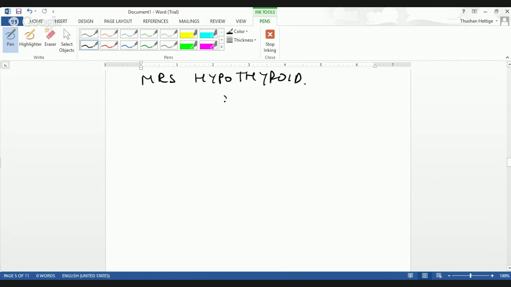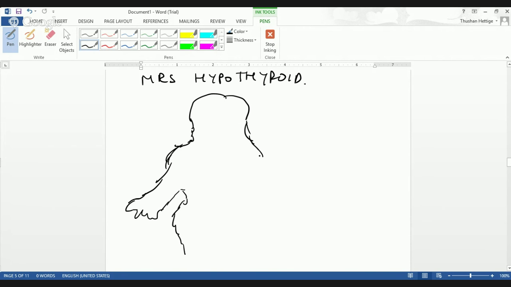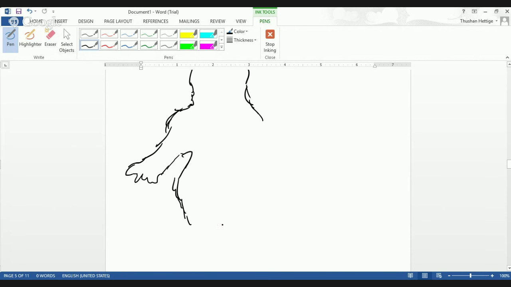Now, with Mrs. Hypothyroid, forgive me for my drawings. Hold on. Man, she looks more like she's got Cushing's. Okay, hold on. It's very curvy.